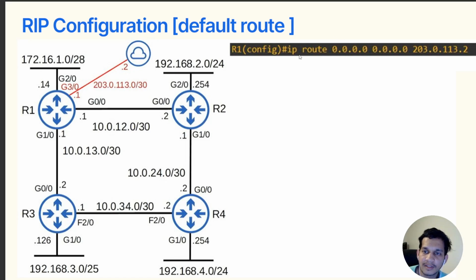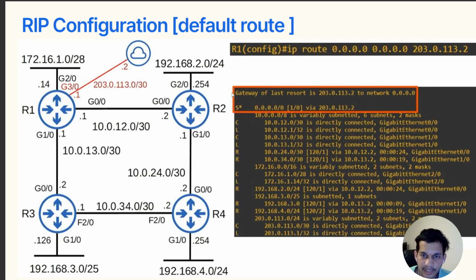Hope you remember this static routing command from the static routing video. ip route 0.0.0.0 0.0.0.0 is the default route, with 0.0.0.0 as the network and 0.0.0.0 as the subnet mask. Whatever packets you get from any network to any place, just forward them to 203.0.113.2, that is, to the internet.